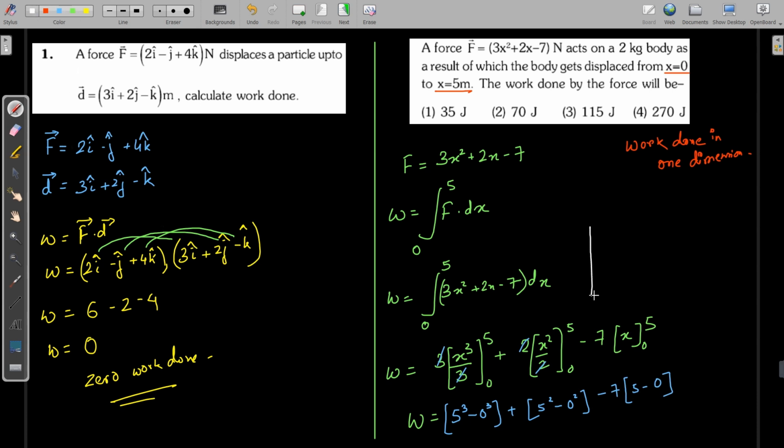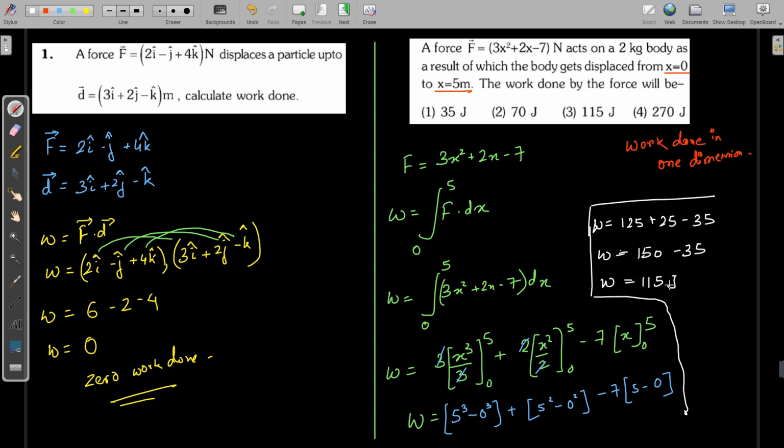I'm writing here as I don't have space in this slide. Work done: 5 cube is 125, plus 25, minus 7 fives are 35. So we are getting basically 150 minus 35, that is, W is equal to 1152.